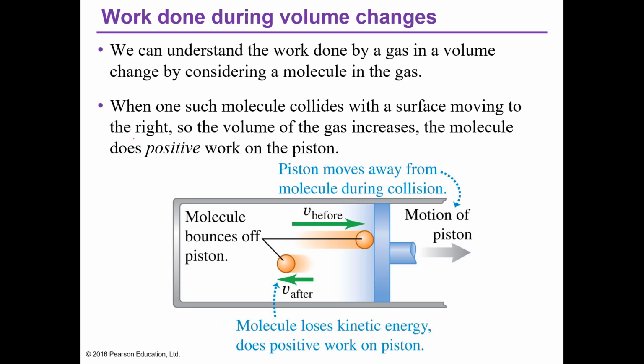Now, how are we going to calculate work when there is change in volume? So what is work during volume changes? So kanus-a mag-change ng volume? Say the best example of this is we have a thermodynamic system, a quantity of gas enclosed in a cylinder with a movable piston.